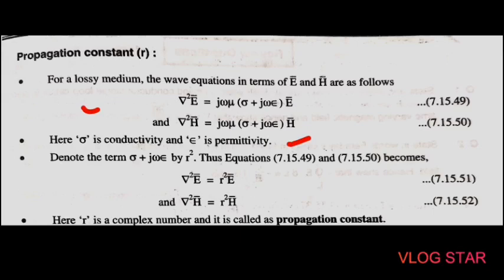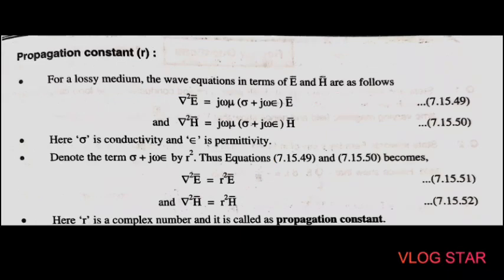Here we denote the term jωμ(σ + jωε) by γ². So the equation becomes ∇²E bar = γ²E bar and ∇²H bar = γ²H bar. Here γ is a complex number and it is called the propagation constant.